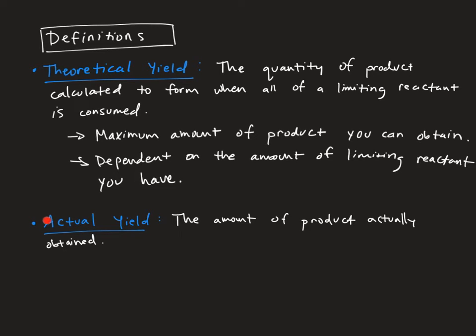Okay, so as for the actual yield, okay, the actual yield is the amount of product that you actually obtained. Okay, so the theoretical yield is what you can make in theory. What's the most amount of product I can make based on the amount of limiting reactant I have? Okay, the actual yield is what you actually end up with, because sometimes your limiting reactant doesn't get completely used up, or it doesn't actually all go towards the reaction.